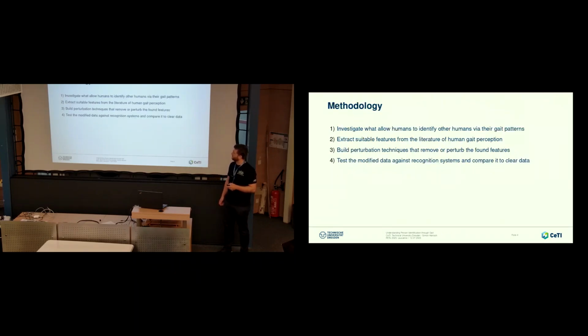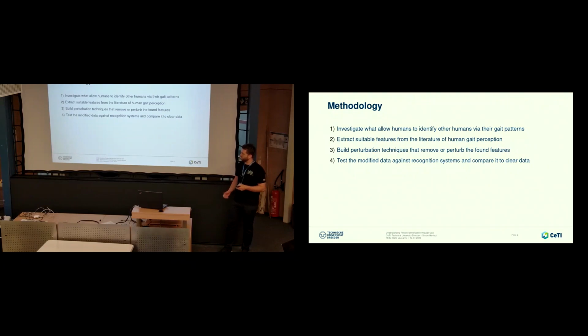Now, our methodology for that was first that we looked at the studies we already have from psychology. So they have been working on that for quite a while. And from that, we extracted suitable features for us and then built perturbations which remove these features from the data we have, so that we can, on one hand, have the feature alone, for example, just the head, and then the rest of the data without that feature.